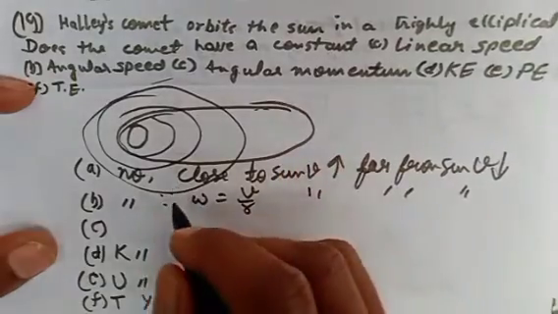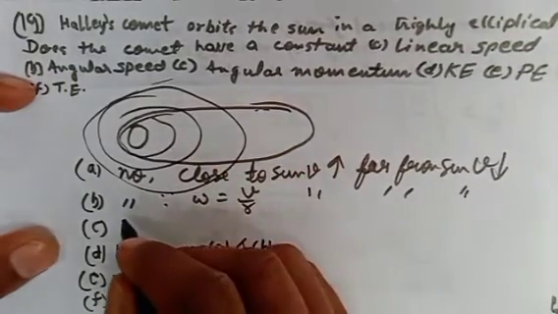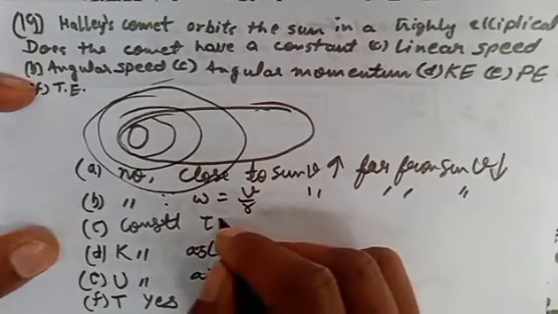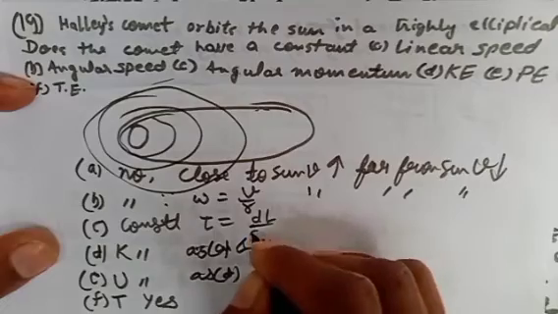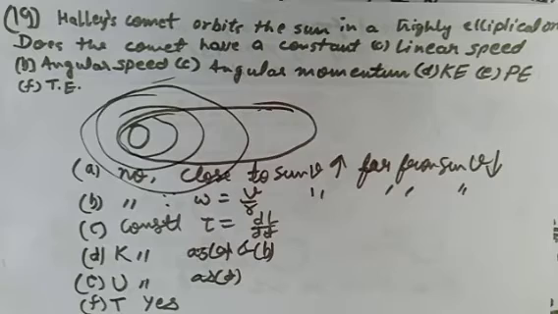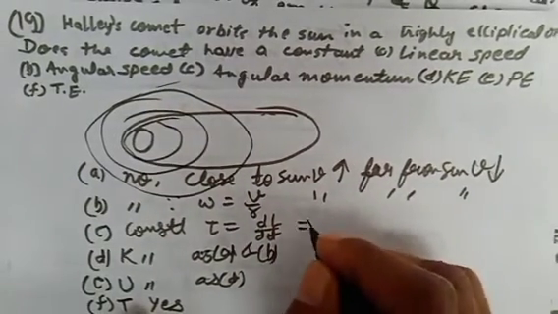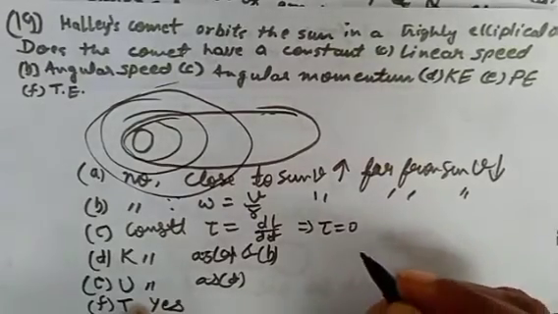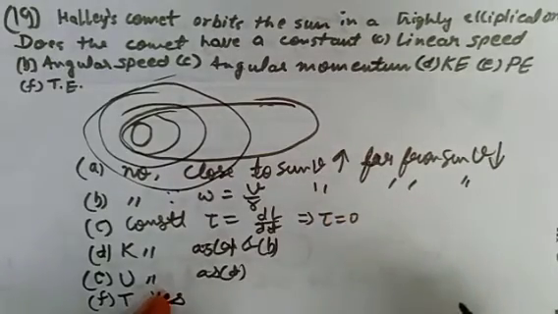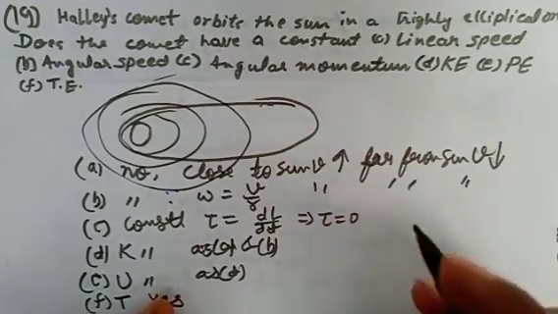What about angular momentum? Angular momentum remains constant, because we know that tau equals dL by dt. Torque acting on a body undergoing rotational motion or revolution is equal to the rate of change of its angular momentum. But in this situation, there is no external torque. The gravitational force does give it a torque, but that is an internal torque, not external.